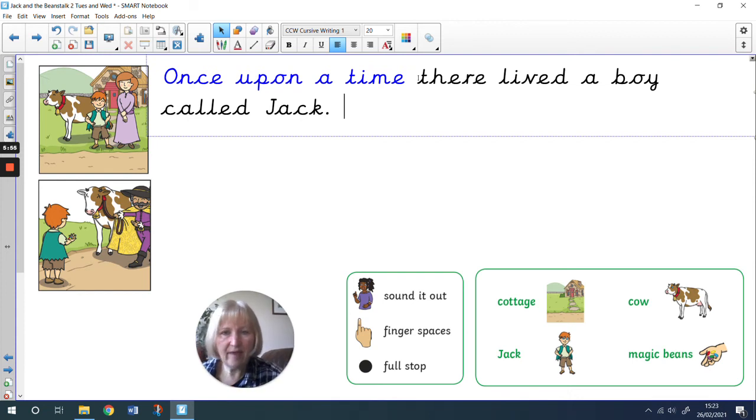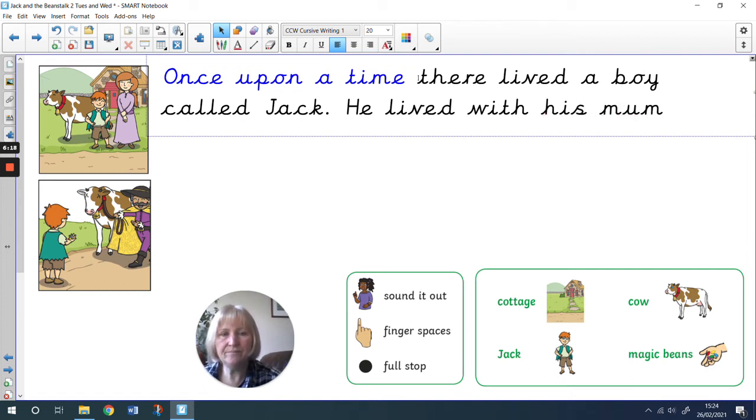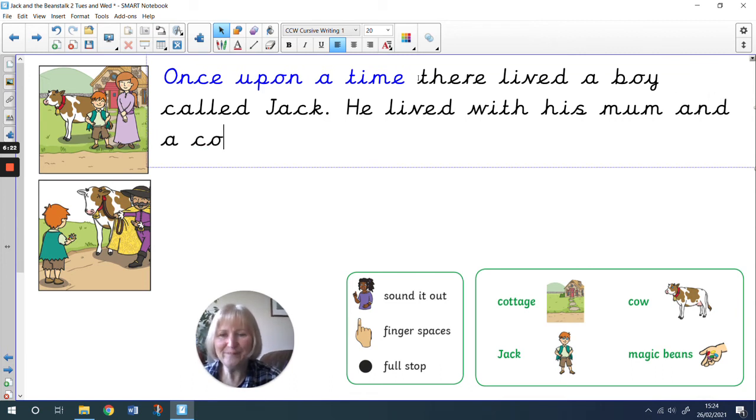He, capital E, he lived, ooh, I've just realised that's got an ED ending, lived. He lived with, special friend. He lived with his mum and a cow.